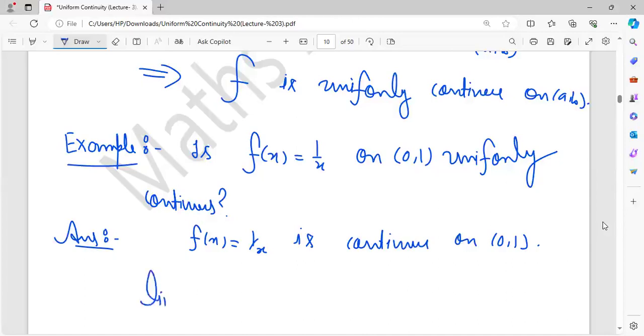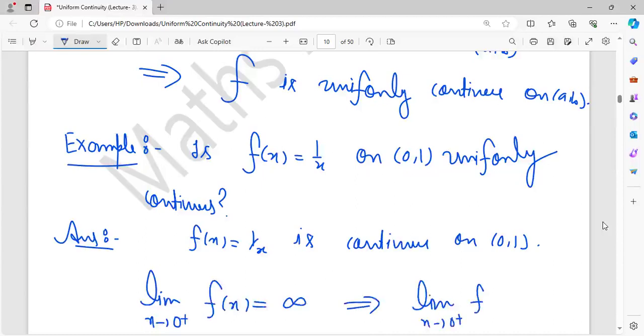So what is the limit of f(x) as x tends to 0 plus? It is nothing but infinity. So this implies the limit as x tends to 0 plus of f(x) does not exist.